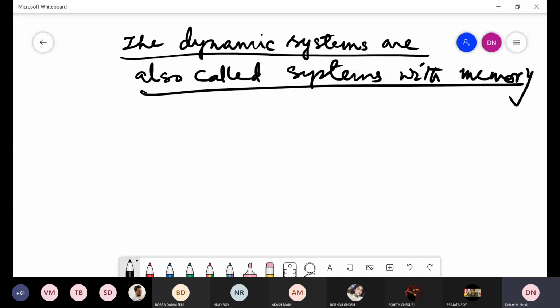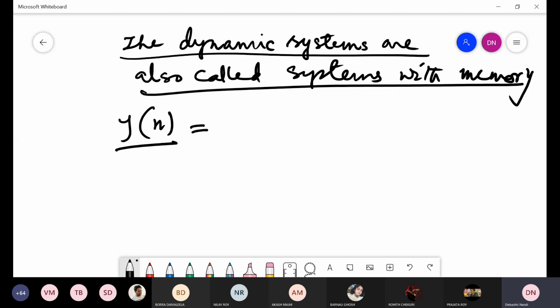Now, what do we mean by dynamic system? If we see that the output of that system yn depends not only on the present input at that instant, but also the previous inputs and previous outputs.